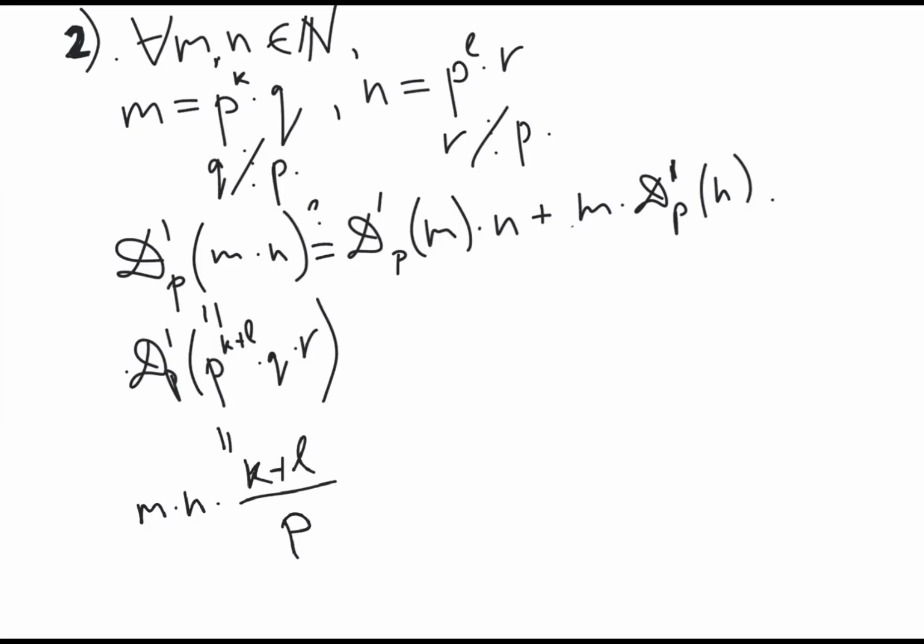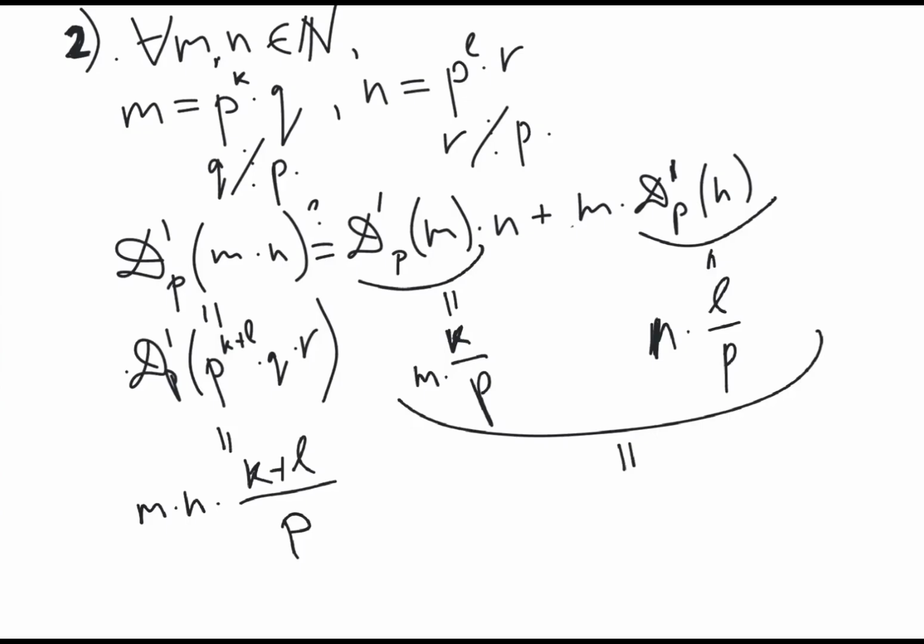And the right hand side is equal to m multiplied by k over p multiplied by n, plus m multiplied by n multiplied by l over p. Let's write the full expression more carefully.